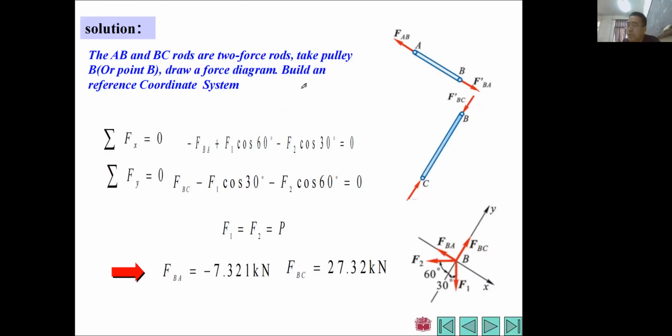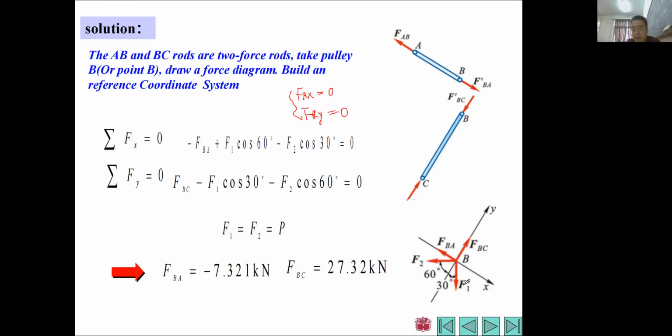Its equilibrium conditions are the sum of Fx equals 0 and the sum of Fy equals 0. This means two equations. One equation can solve one unknown. So the total number of unknowns we can find is 2.